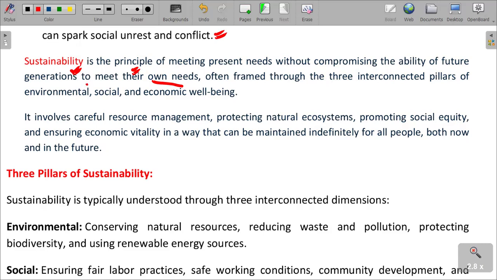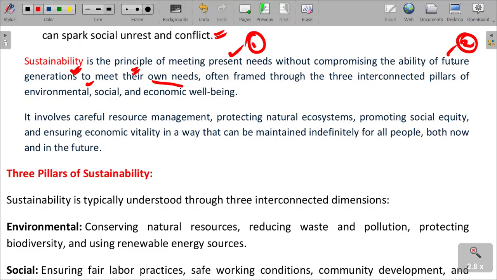Their needs are environmental, meaning they need a safe, clean environment, and social and economic well-being in terms of their living as future generations. The interconnectedness of the environment, the economy, and the social life requirements of the future generations must be met. If that can be met, and the generations of today are also able to live, then we are talking about the present, and also without endangering future generations. That can be defined as sustainability.